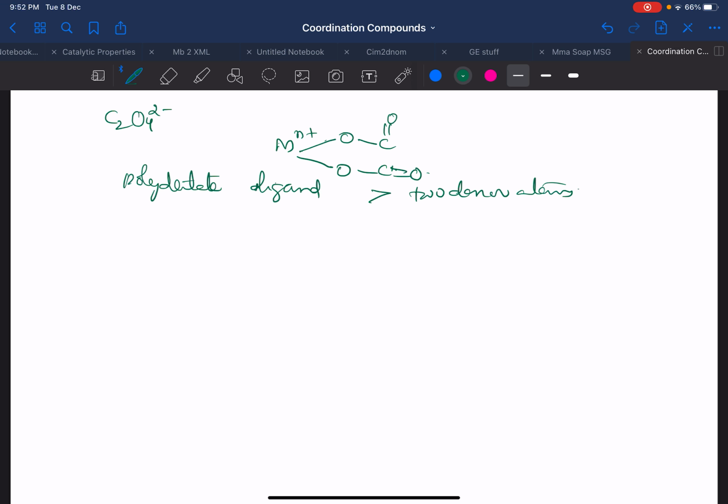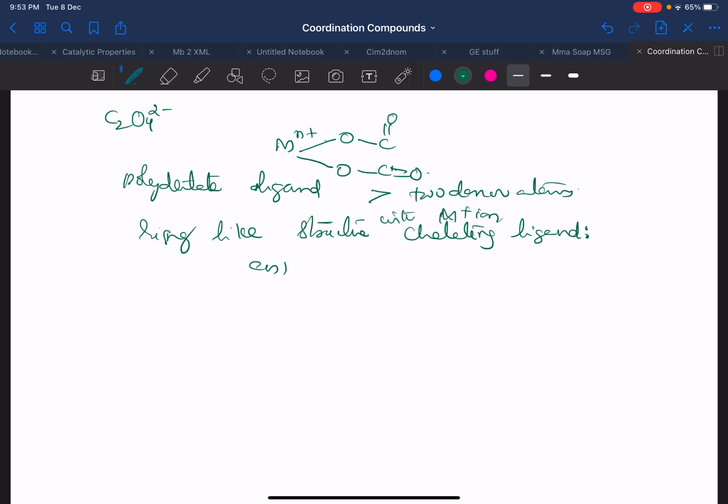When the donor atoms bond with the central metal atom to give a ring-like structure, they are called chelating ligands. A chelating ligand is a bidentate or polydentate ligand which forms a ring-like structure with the metal atom.